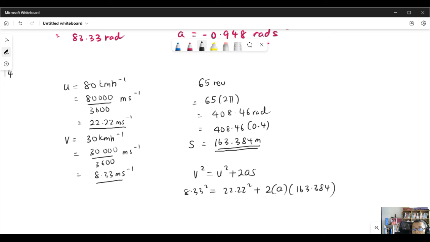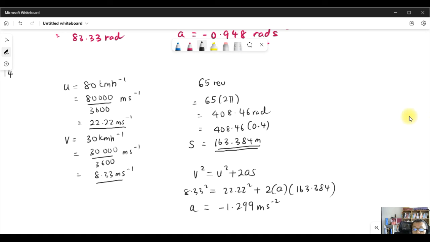Therefore, when you solve for acceleration, 8.33 squared minus 22.22 squared, divided by 2, divided by 163.384. That will give you a negative 1.299 meter per second per second.